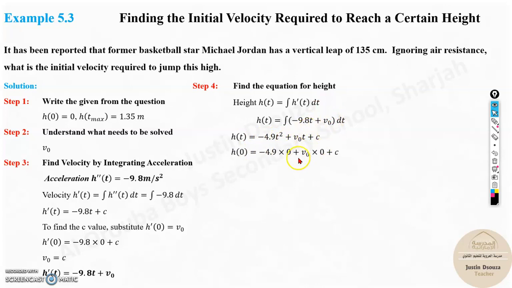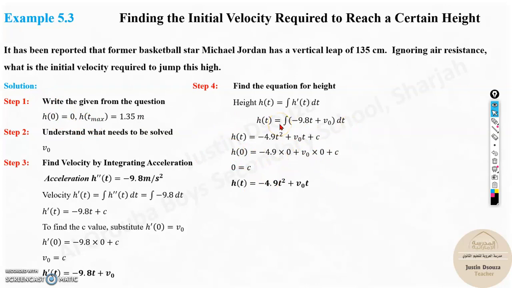Now why do we do this? We know the initial height, so we can find the c value, but this is not that useful, but we have to do it. I'll tell you why. C is 0, it's given. You should substitute over, you'll get 0. Now you'll get height.